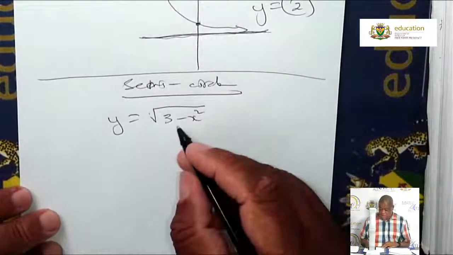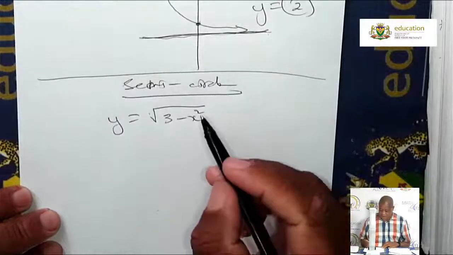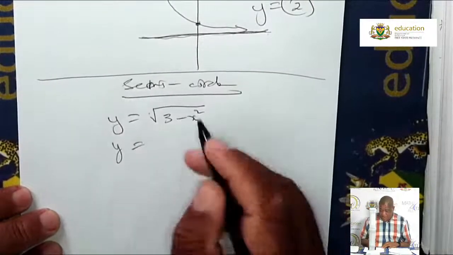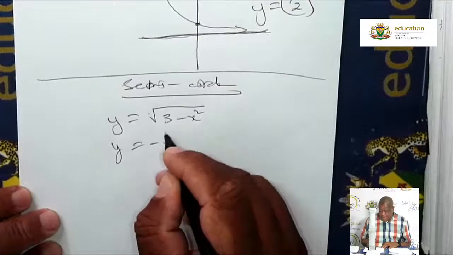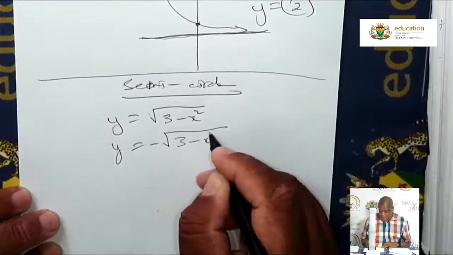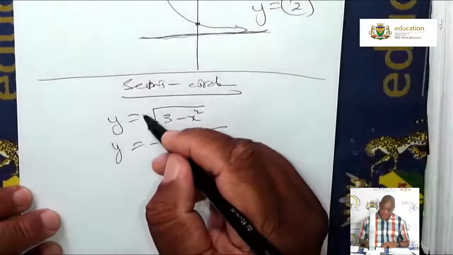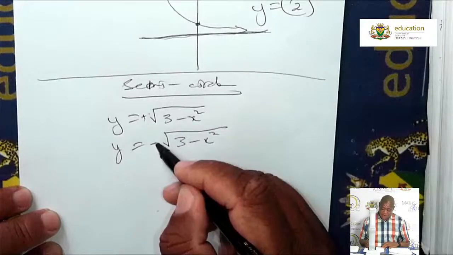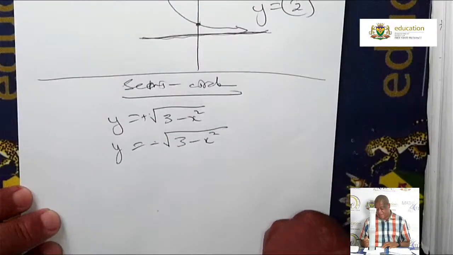This is the one that is concave down, or it may have y equal to minus the square root of 3 minus x squared. So the difference is that this one is positive, while this one is negative.